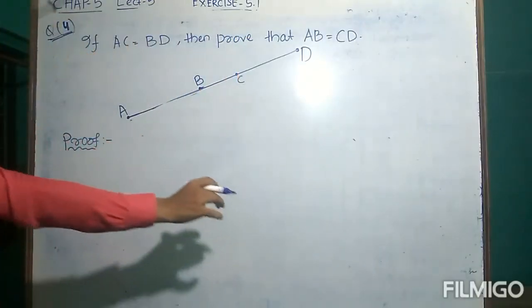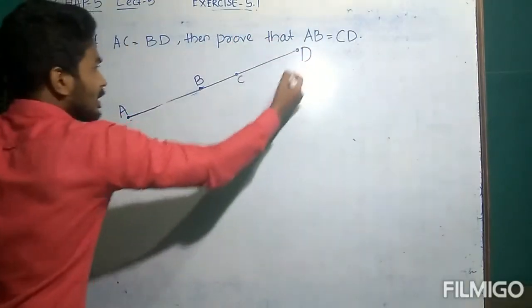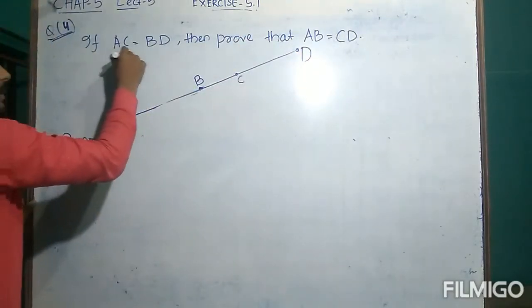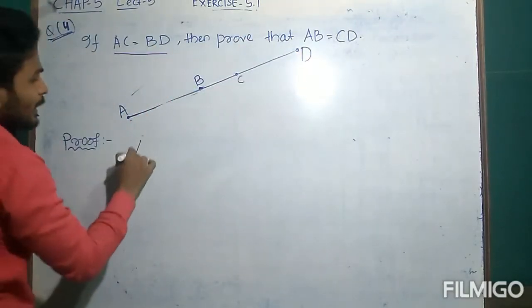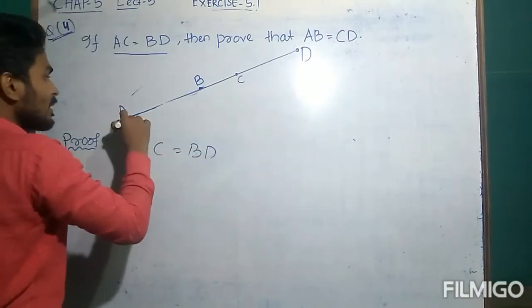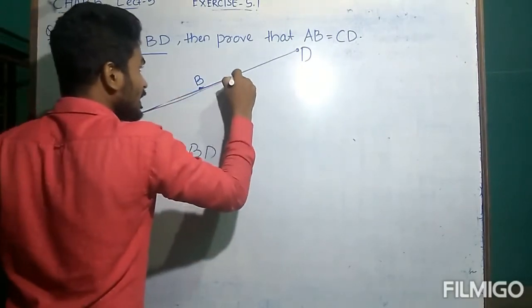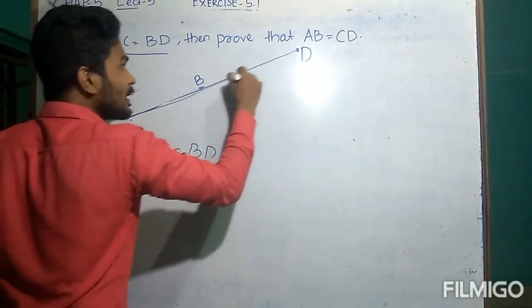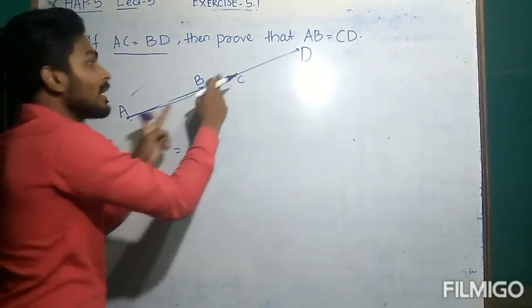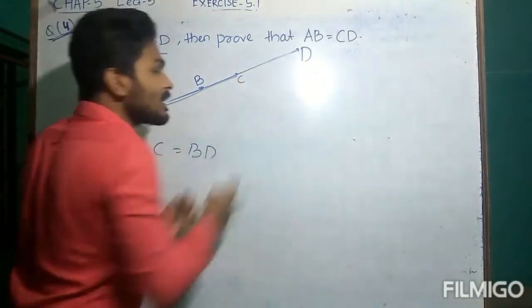Okay, so let us do question number 2. In question number 2, it is given that in a figure, a line segment, AC is equal to BD. AC means the distance from A to C is equal to the distance from B to D. So AD is a line segment, AB is a line segment, BC is a line segment, CD is a line segment.